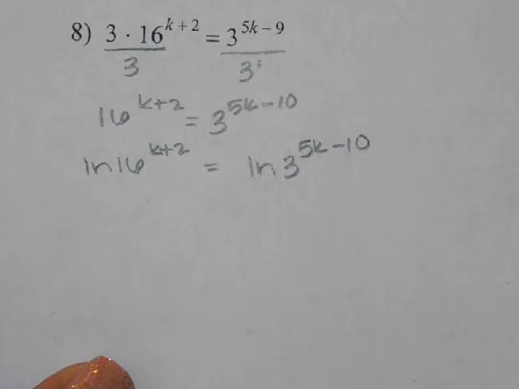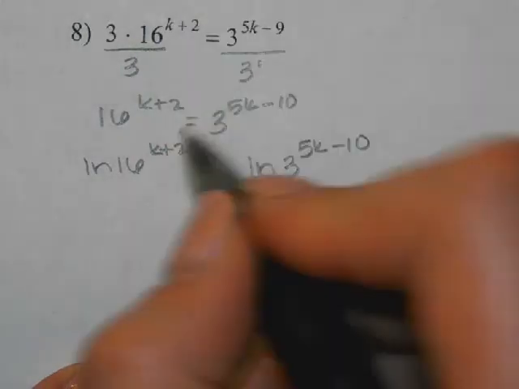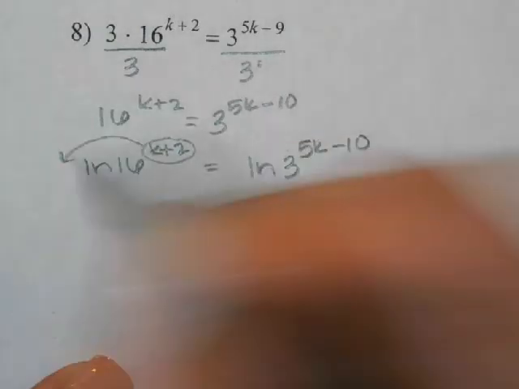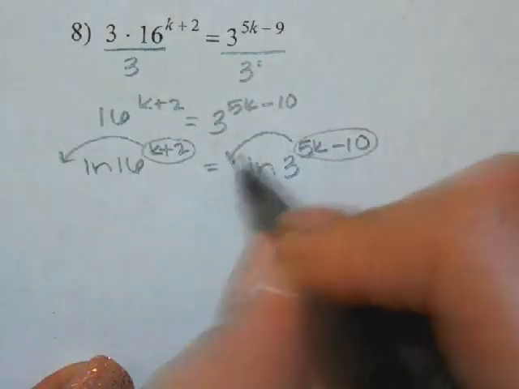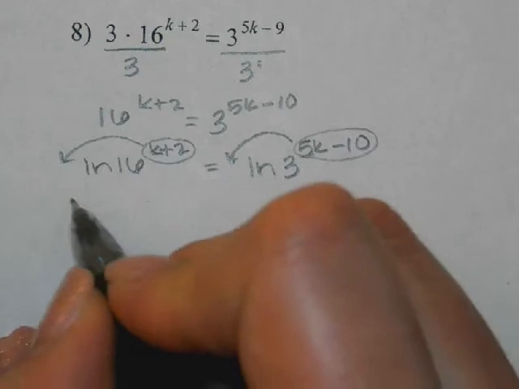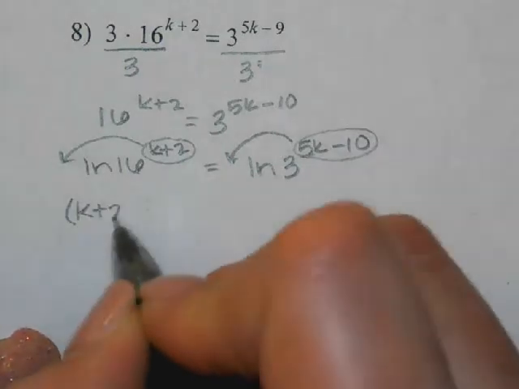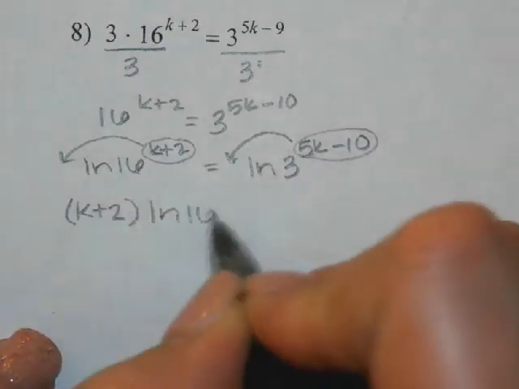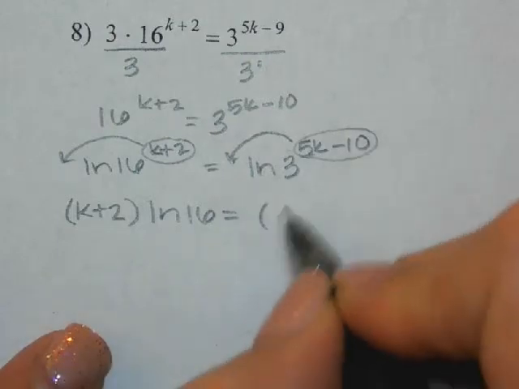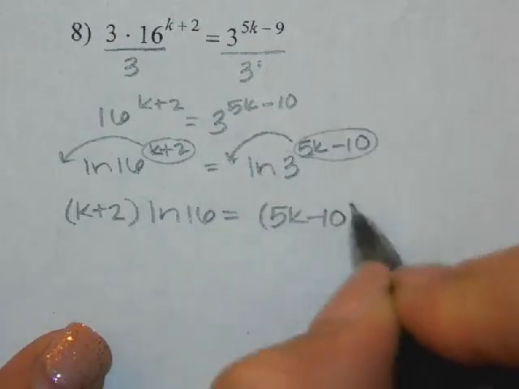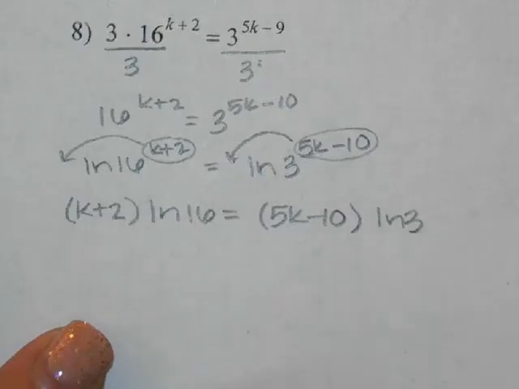What do we do with the exponents? We move them to the front. So we have k plus 2 ln 16 equals 5k minus 10 ln 3.